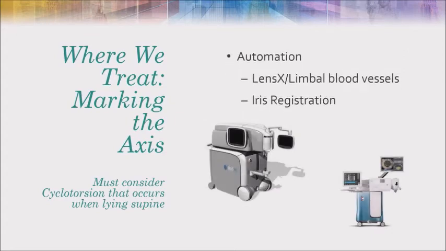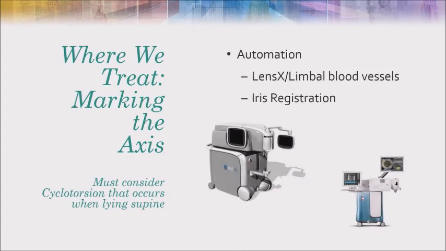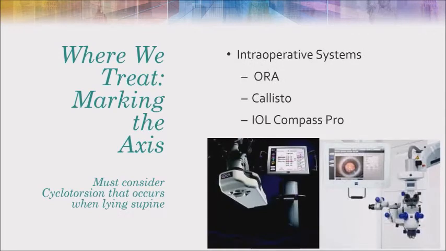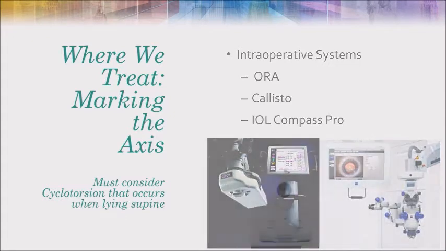There are also automation methods which have to do with limbal blood vessel registration or iris registration, and there are devices that can do that for us prior to the cataract surgery. And then there are also intraoperative systems such as wavefront aberrometry or the Callisto or the IOL Compass Pro, just a few types of products.